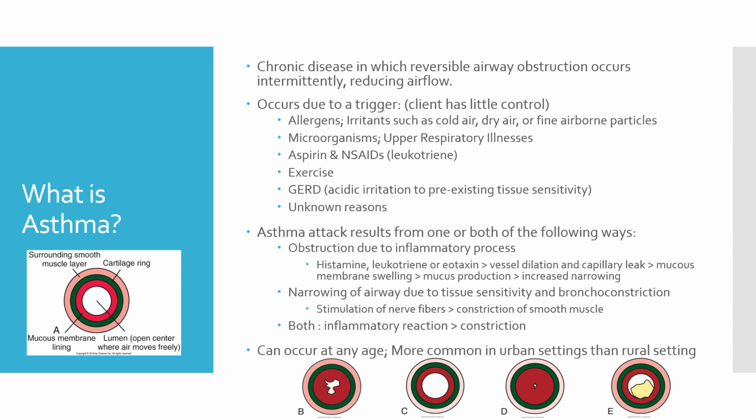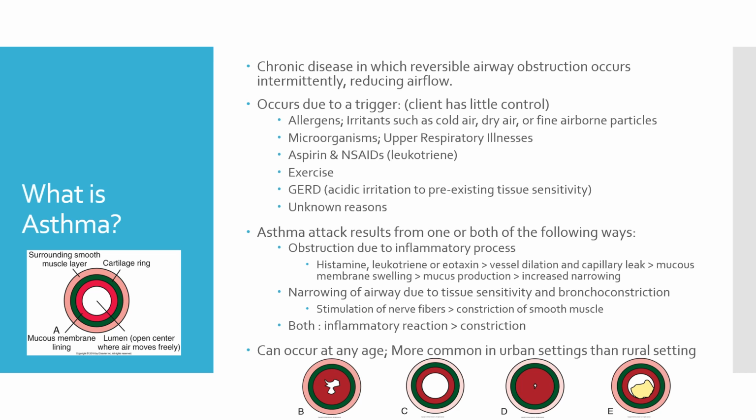They overreact their immune system. So cold air, dry air, or fine airborne particles can be too irritating and trigger this cyclic effect and cause inflammatory issues, and then now their airway's closed.